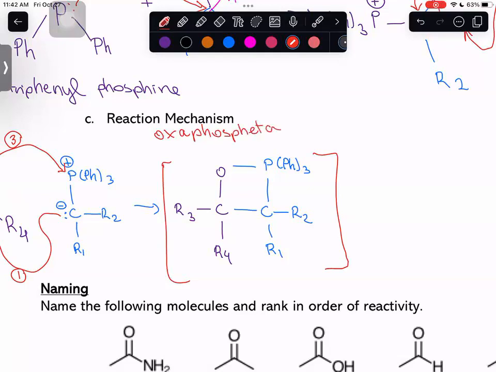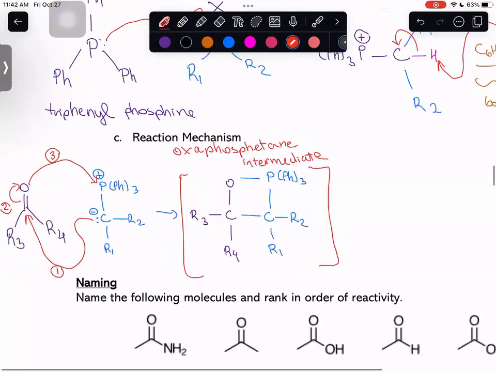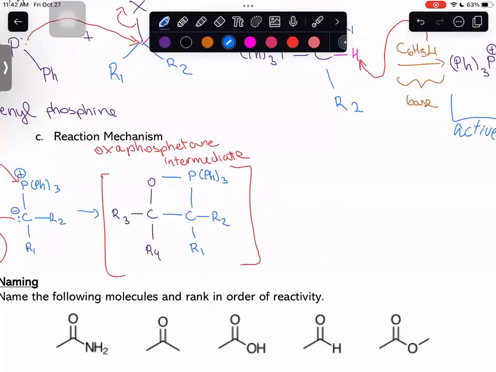Oxaphosphetane intermediate. So yeah, I have no idea how to pronounce that, but you guys get it. Oxaphosphetane thing. It's not too bad.